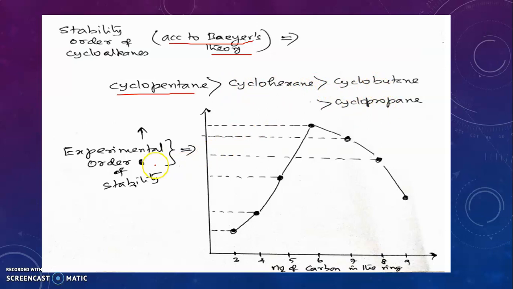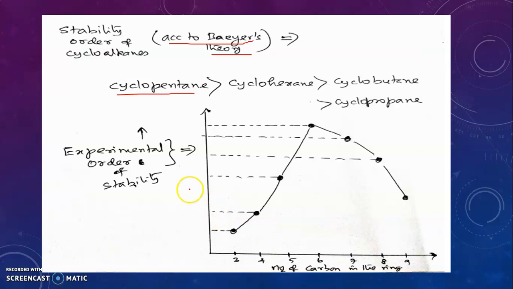But what is the experimental order? Remember, using thermochemical data, we can calculate the stability of the cycloalkanes. Just for understanding purposes, I plotted stability on the y-axis and number of carbons in the ring on the x-axis. This is just a rough picture.